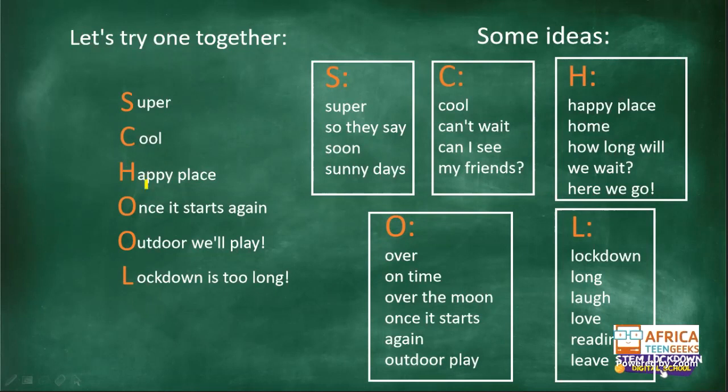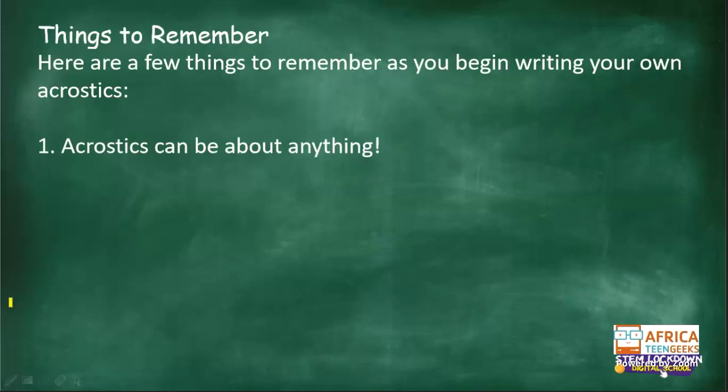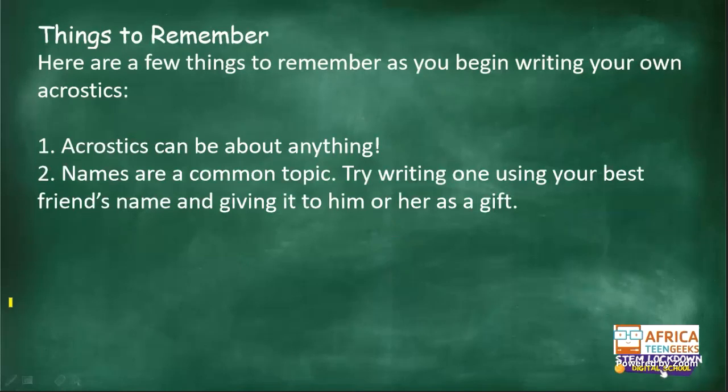Right, guys, you did a fantastic job today. Let's quickly look here at things that you need to remember as you begin writing your acrostic. Remember that acrostics can be about anything. Names are a common topic. Try writing one using your best friend's name and giving it to him or to her as a gift.